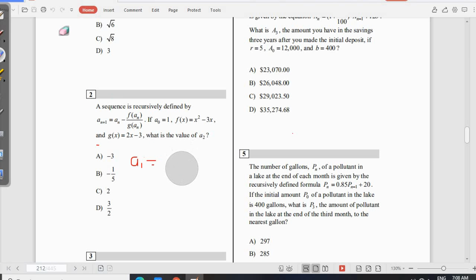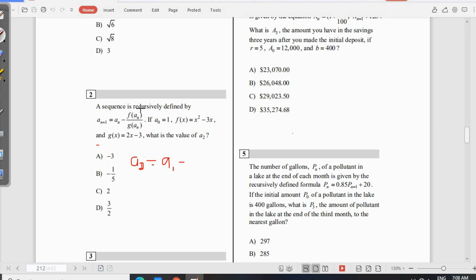a1 is minus 1. Now let's insert that minus 1 as a1 into this. So we are looking at a2 now, because this a2 equals a1 minus f of a1 over g of a1. See what we're doing? Recursive, like this, you're repeating the same thing. This is not a big deal. When you say recursive, you're just trying to do the thing again and again.